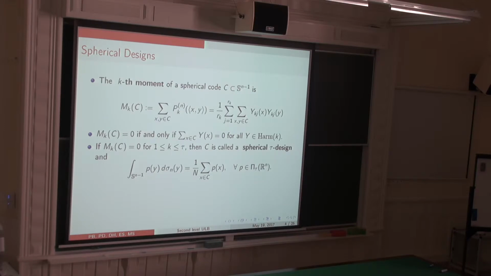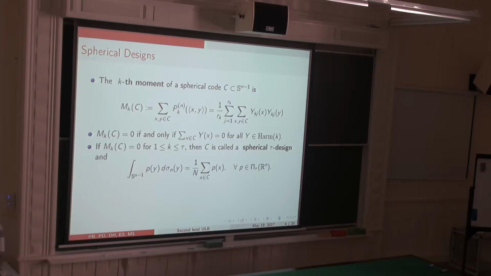This can be represented that way, and a configuration is called a spherical tau-design if the integral of a polynomial over the sphere is equal to the average of that polynomial evaluated at the points of the code.